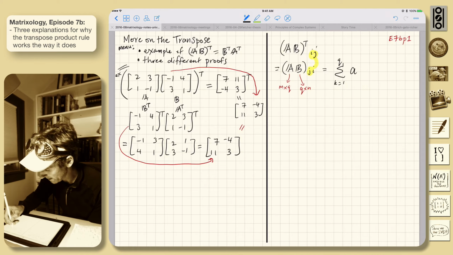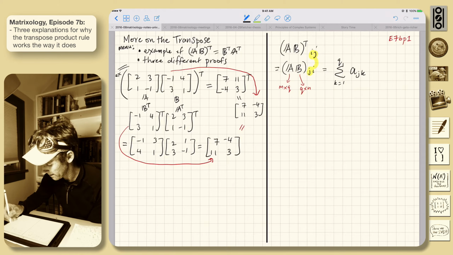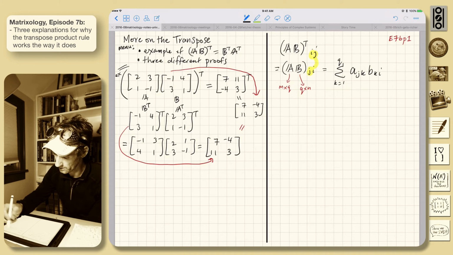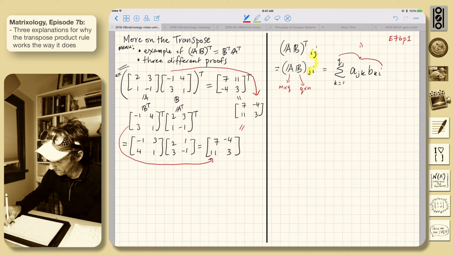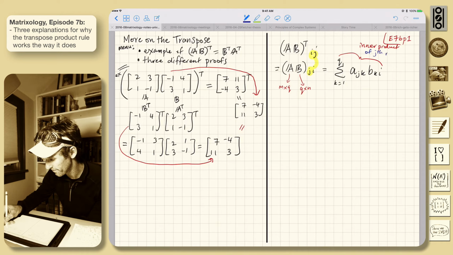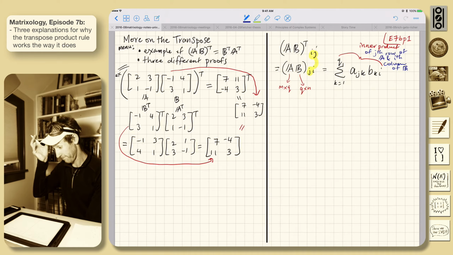So that is A_jk, B_ki, right? So all of this is to say, this is the inner product, or dot product if you want to say that, of the jth row of A and the ith column of B. Exciting, yeah.